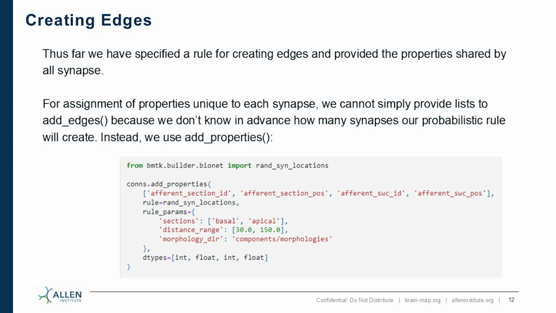So if it chooses a point that's outside some finite range, it'll just return 0 connections. It's going to find all segments within the range and randomly choose those. I see. Okay. So there has to be some portion of the cell morphology within the range that's specified. Any other questions up until this point?